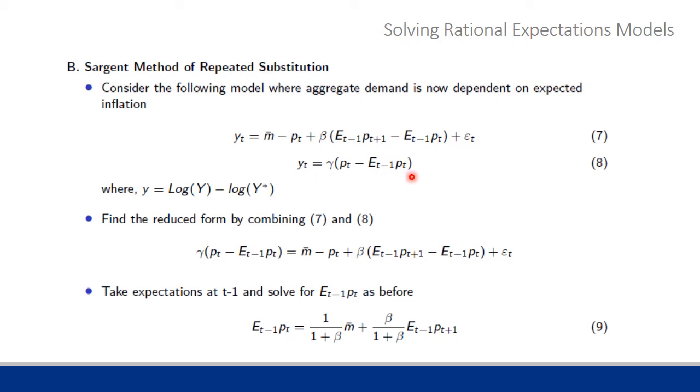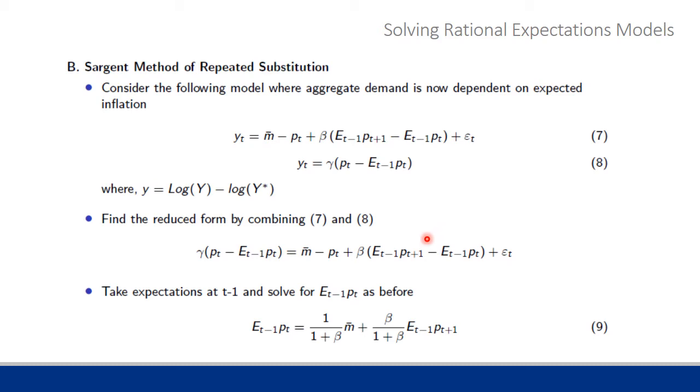Just as before, we can equate the two right hand sides because they are both equal to exactly YT. And when we do that, we have the reduced form, which is given as gamma PT minus EPT, that's the aggregate supply right hand side, equal to M bar minus PT plus beta of EPT plus 1 minus EPT. So shock is the right hand side of the aggregate demand relation.